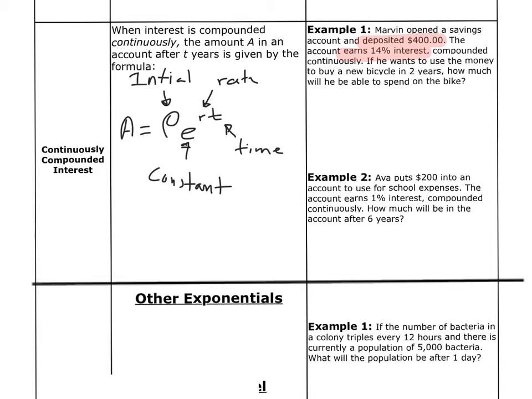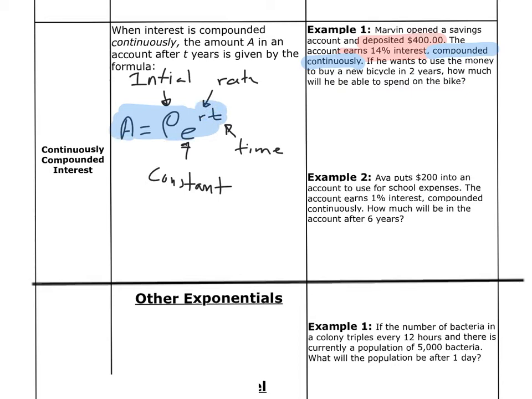Now, this phrase, compounded continuously, is important because it separates it from what we talked about in the previous notes in 7.1, when we said it's compounded quarterly or daily or monthly. If you see the phrase compounded continuously, you need to think of PERT, okay? Does that make sense?